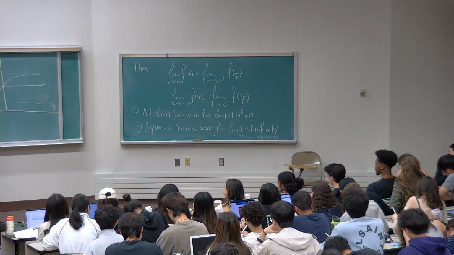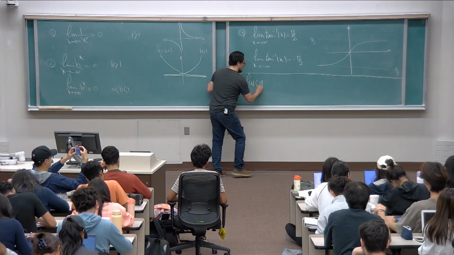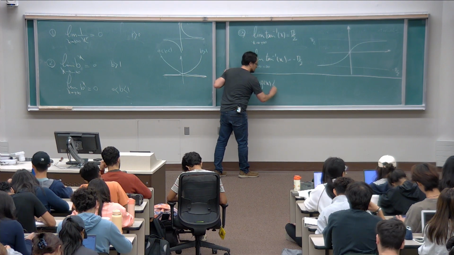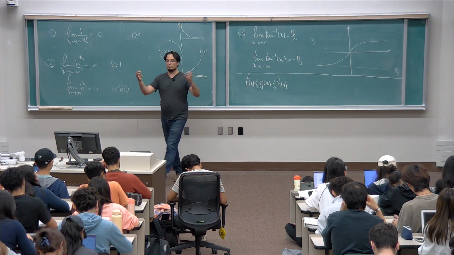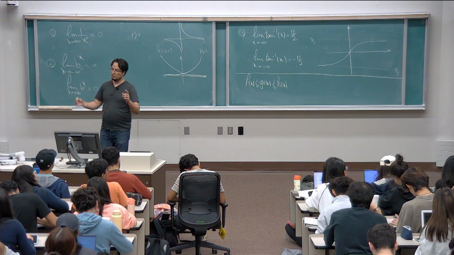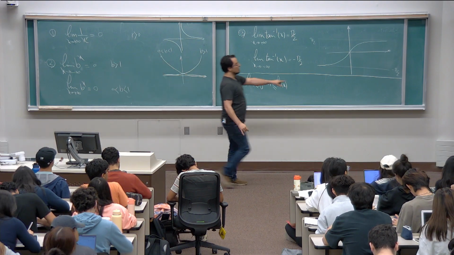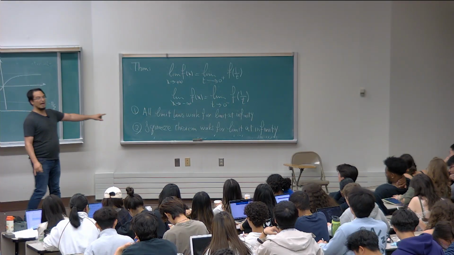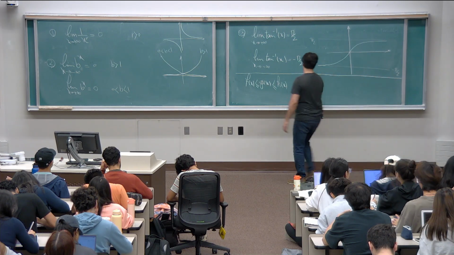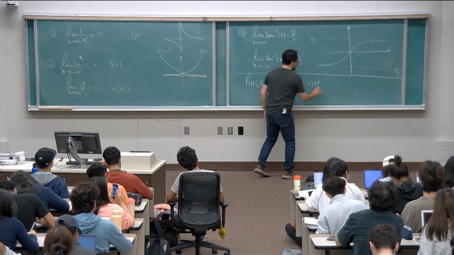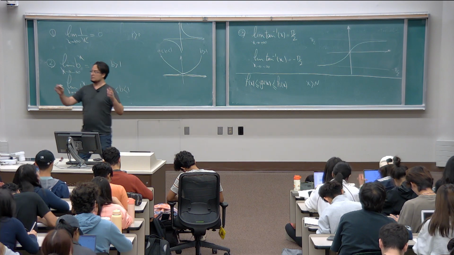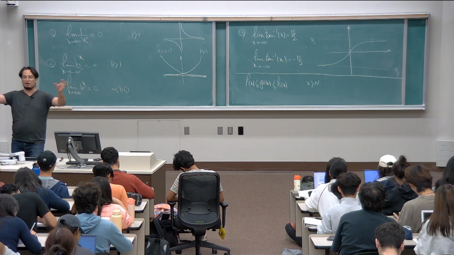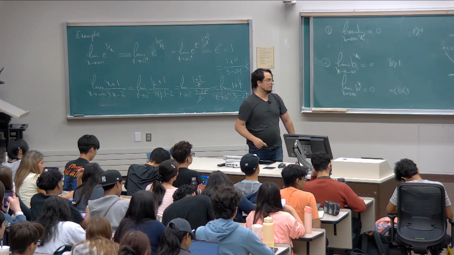Remember, for squeeze theorem, we have these two functions which are bounding our original function. When we are looking for squeeze theorem at plus infinity, this inequality should be true after one point. After some point, these two functions should be bounding our original function.